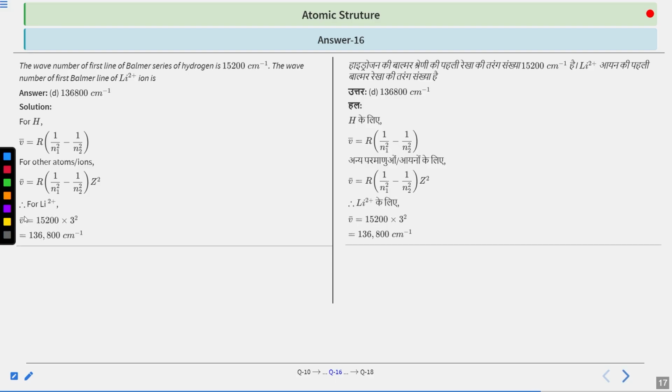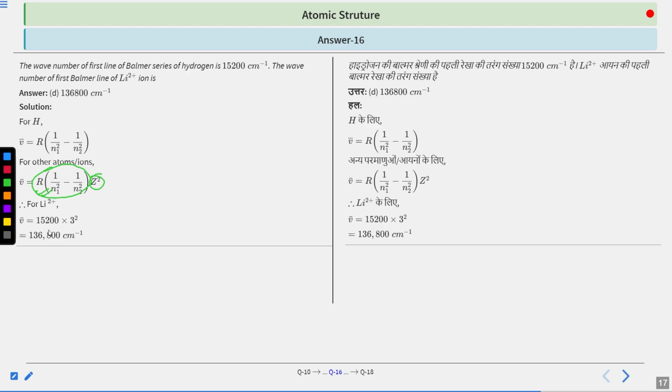Here it is lithium 2 plus, so we multiply the given value 15,200 centimeter inverse by 3 square. Overall, your value will become 1,36,800 centimeter inverse. So this will be your answer.